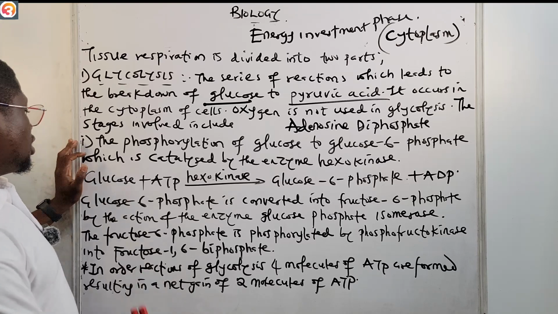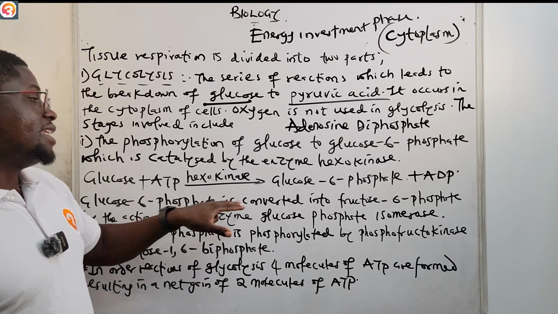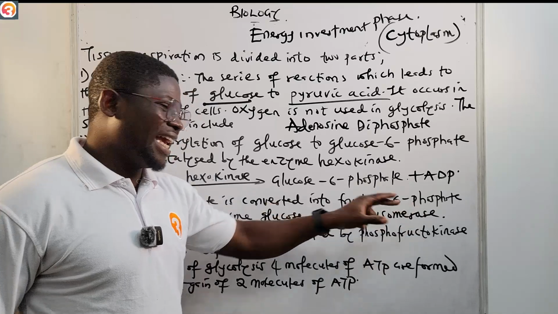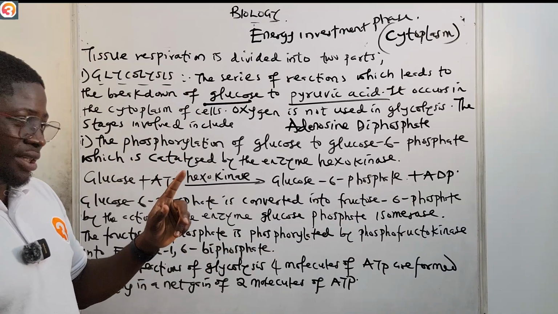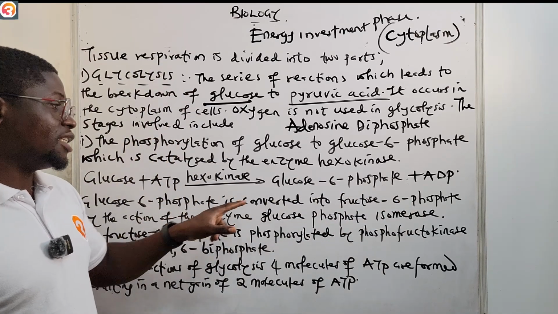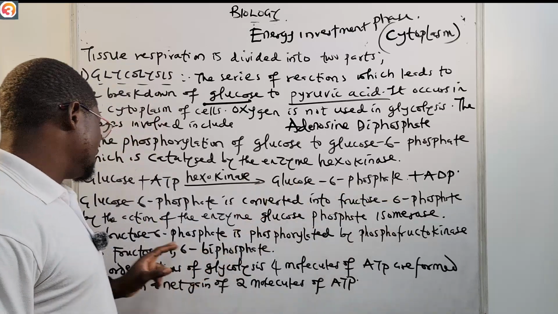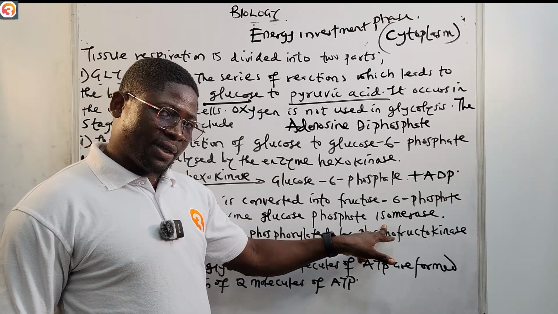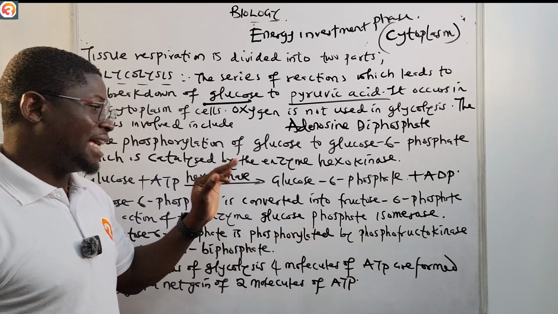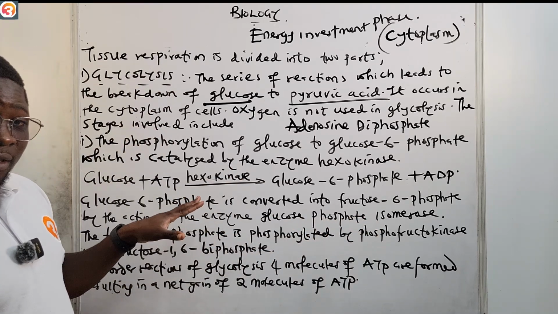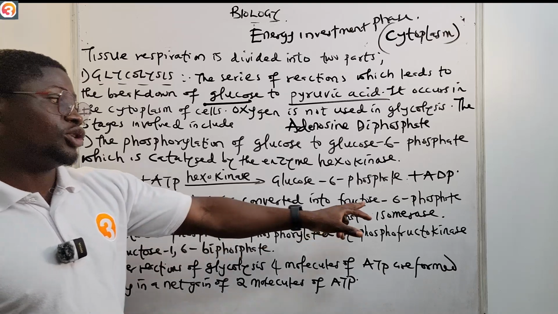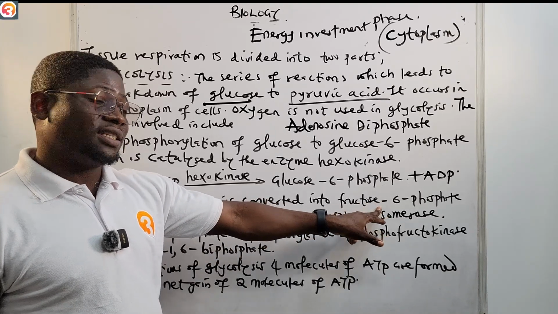Now this glucose 6 phosphate is converted into fructose 6 phosphate by the action of the enzyme called glucose phosphate isomerase. So glucose phosphate isomerase is the enzyme responsible for the conversion of glucose 6 phosphate into fructose 6 phosphate.